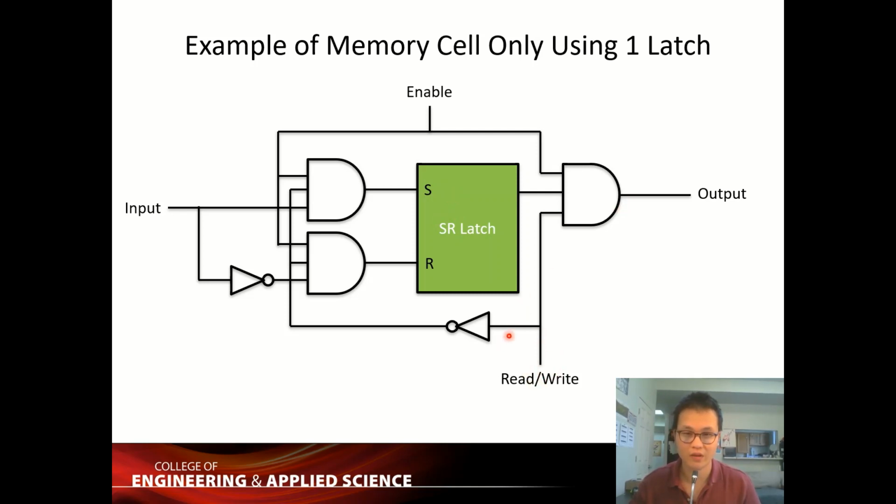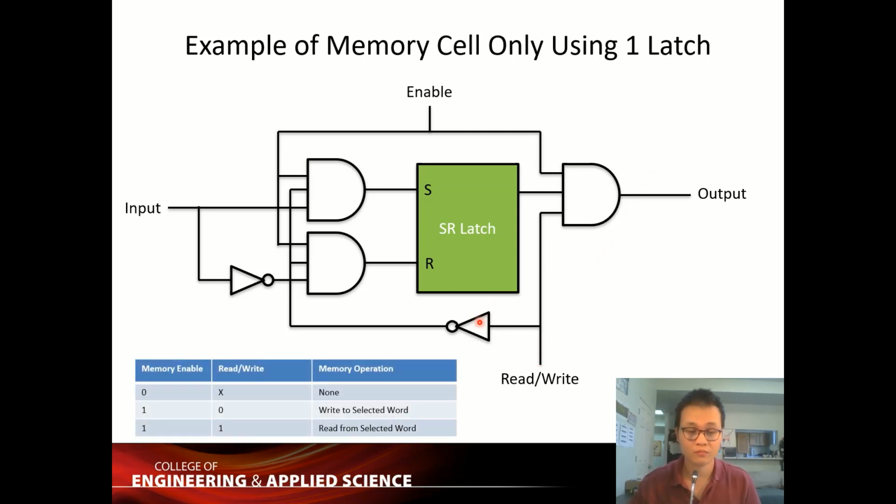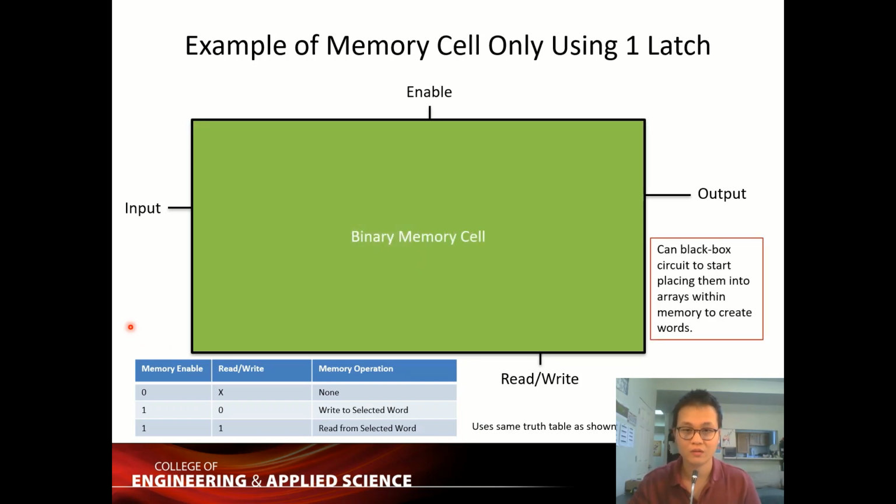If it's read, which is 0, then you disable this. You can use this table from earlier. So treat the whole thing as a black box.